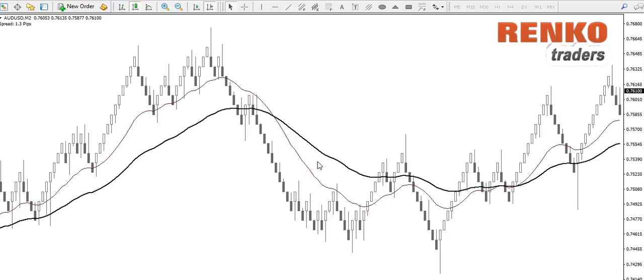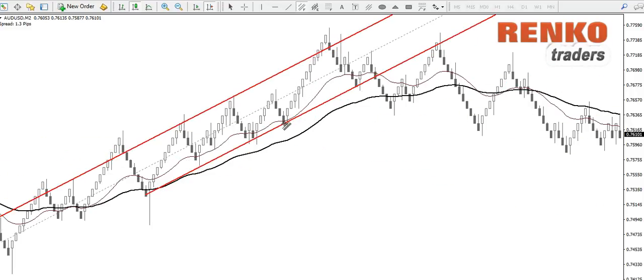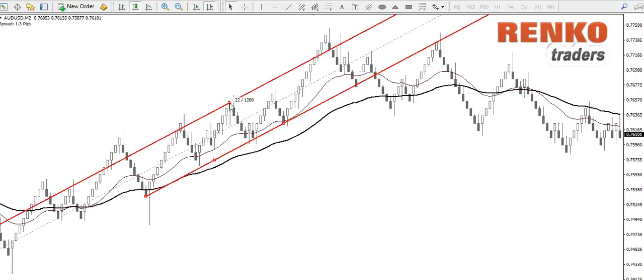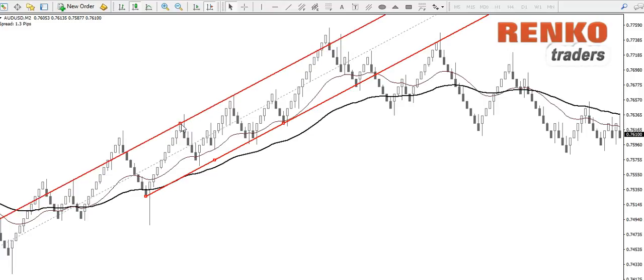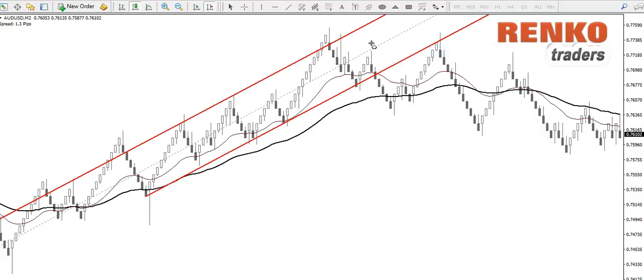Okay, so now let's define the rules for trading this particular setup. Here we've got an uptrend, and I've got my price channel. So what you have right here is a median line failure or a price channel failure.